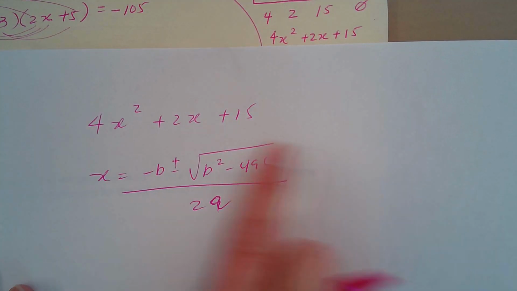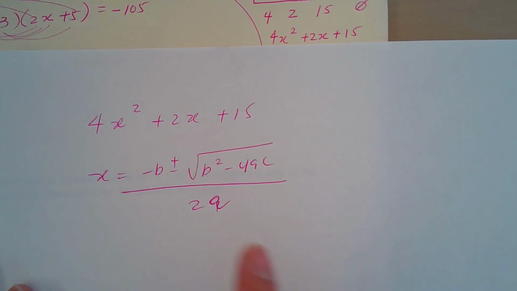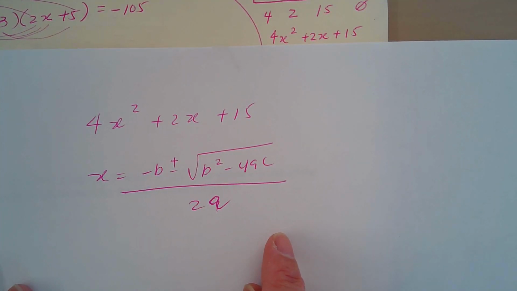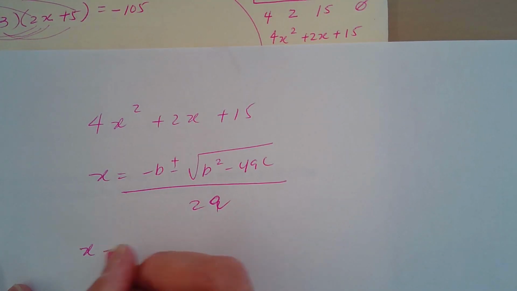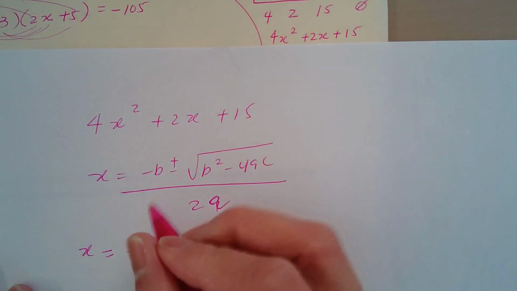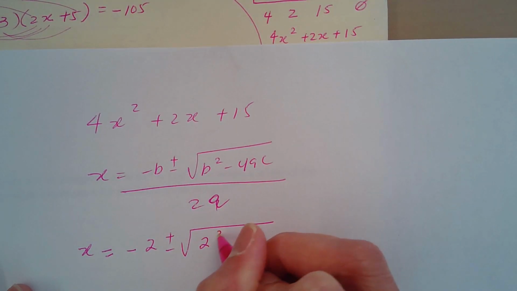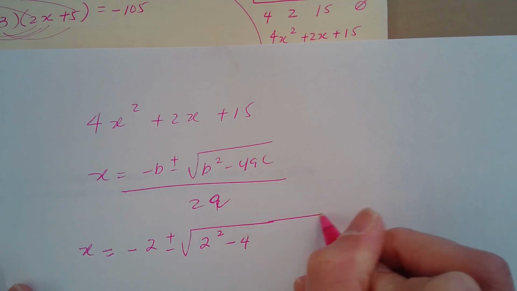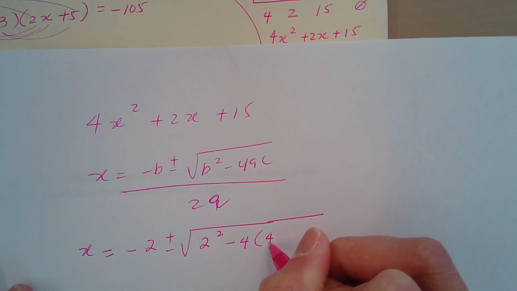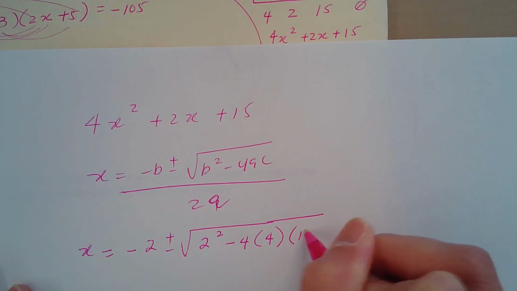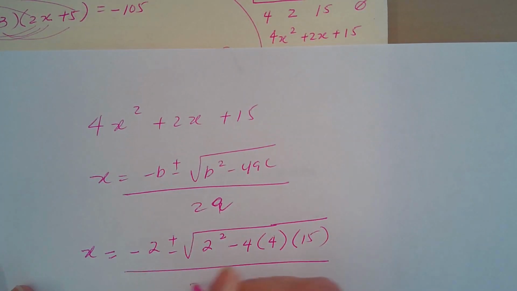Now, in this quadratic formula, if we put those values in, negative b, negative 2, plus or minus root of b squared, so 2 squared, minus 4ac is 15. I already see a problem in here.